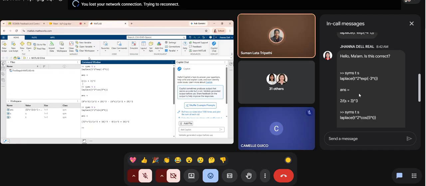Yes, so t to s and correct. This is for the first one. Then for cos, t square cos 5t will be somewhat very complex, so that's why you are not much clear about it. That's why I have given a complex function, na?